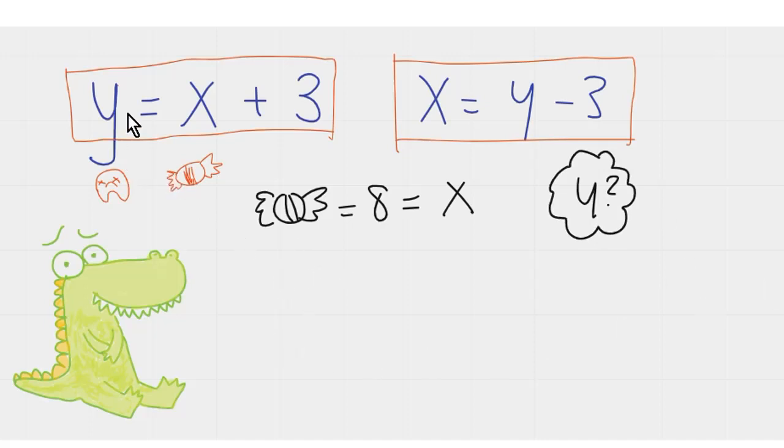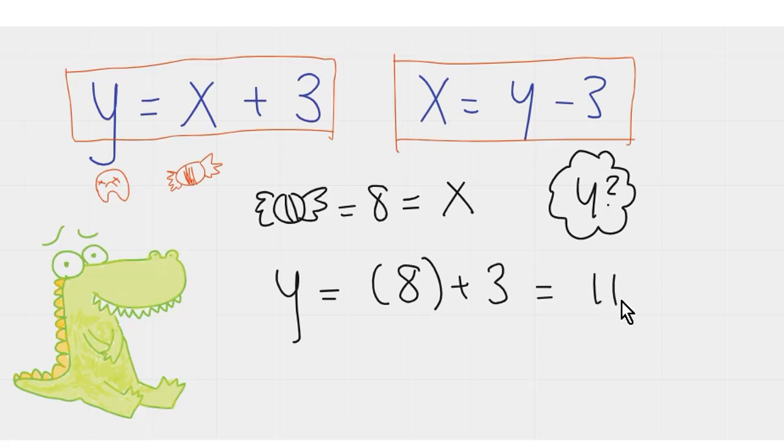We can use the first equation here. We can now substitute 8 into where x is in the equation, and now find the sum of these two numbers, which would be 11. So now we know that he has 11 rotting teeth.